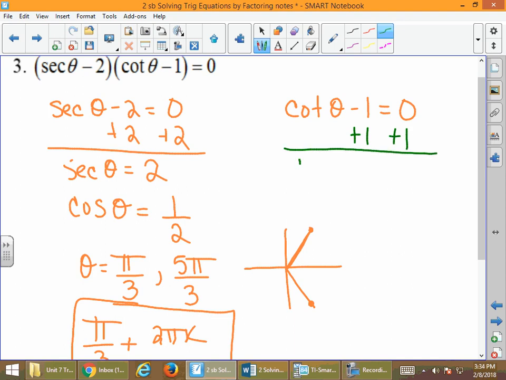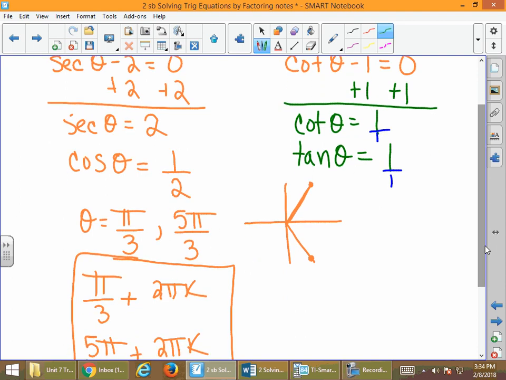So now we have cotangent of theta equals 1. But we need to know tangent, or we know more information about tangent. So tangent of theta is also 1 because the reciprocal of 1 is 1. Just as an aside, it was 1 over 1, so if we flip this, this is still 1 over 1.